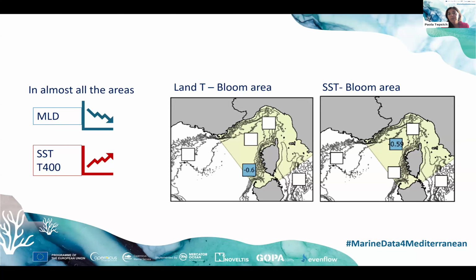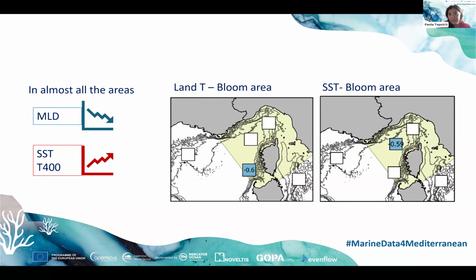Basically, in almost all areas, the oceanographic variables also showed strong trends, with a decrease in the thickness of the deep mixed layer, as well as an increase in the sea surface temperature and an increase in the temperature at 400-meter depth. The variable most correlated with the bloom in our region was, again, the sea surface temperature, with a negative correlation.